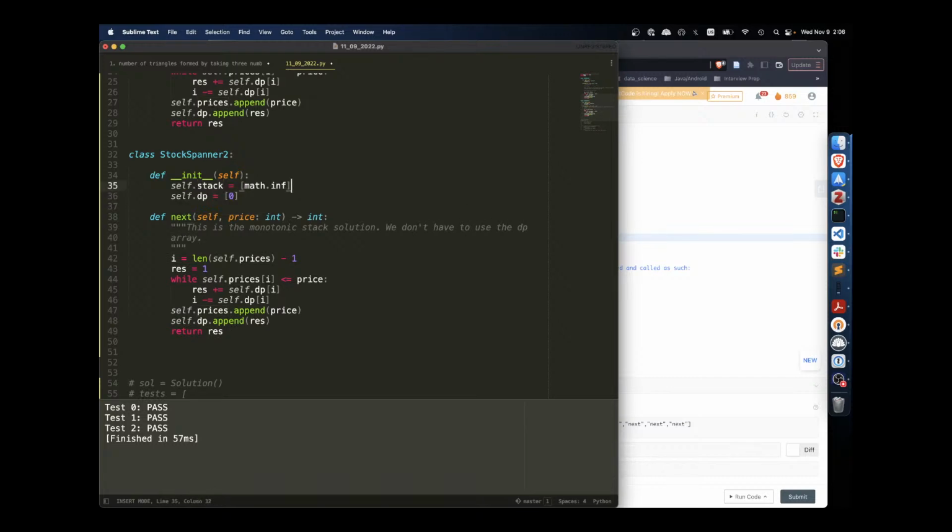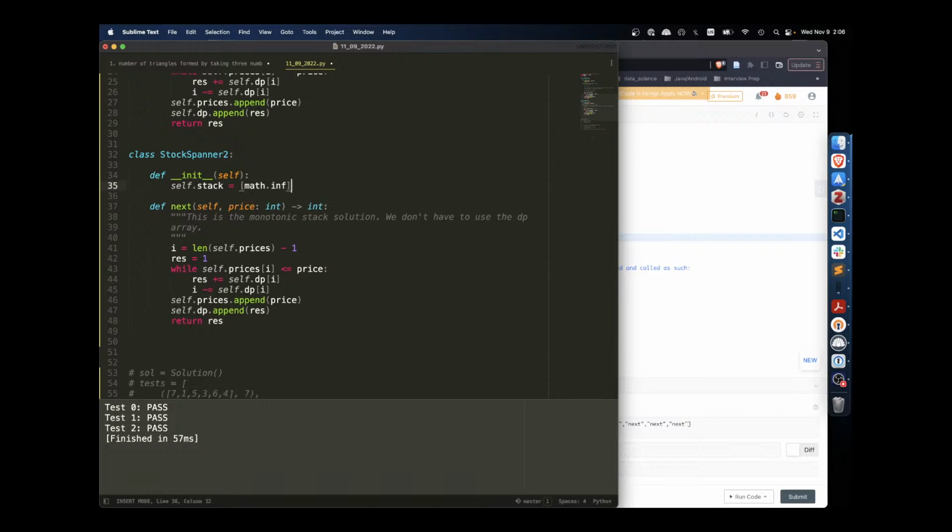And what's a stack? Every time, because we want to know how many are smaller or equal, if I get a small one, I'm just going to keep popping until something is bigger than me.